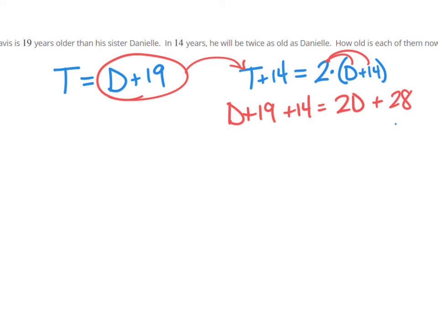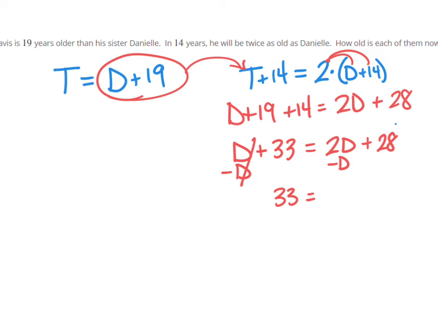So 19 and 14 added together is, what is that, 33? And over here, there are no like terms, so I'll leave it 2D plus 28. Let's get the D's together. So I'm going to subtract this D over here to this side with that D.